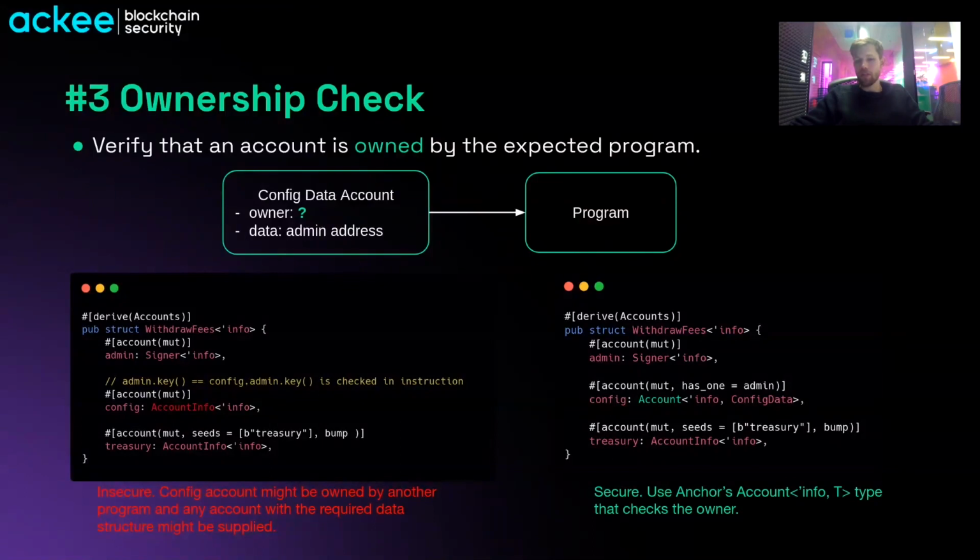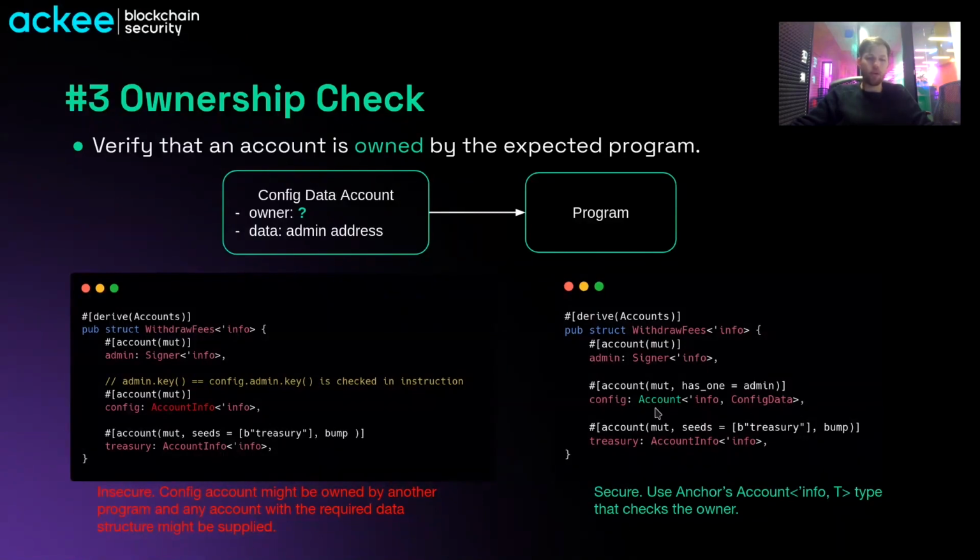In some cases, you might want the owner to be some different program, for example. In that case, you can use the owner constraint. But it's actually very easy to do the ownership check with Anchor.